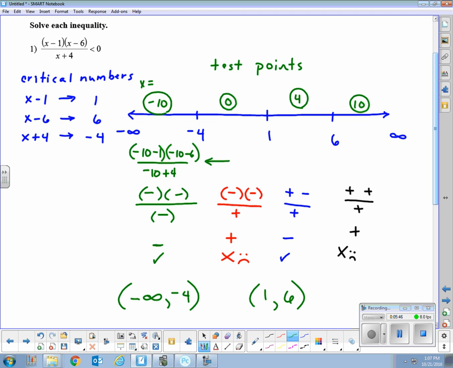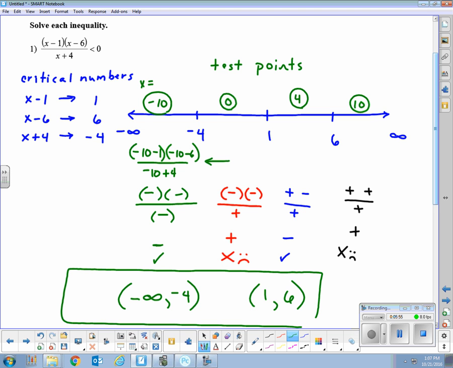And then from 6 to infinity does not work because it makes it positive. So the solution to this problem, as long as you pick numbers inside these intervals, you have a solution.